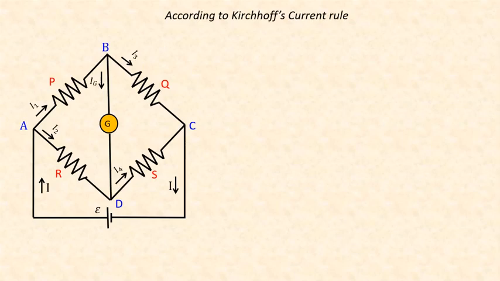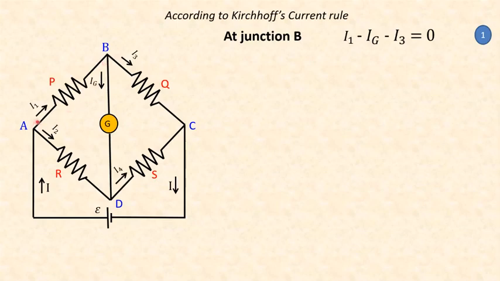According to Kirchhoff's current rule, at junction B, the current entering the junction is I1, and the currents going out of the junction are Ig and I3. The current entering is taken as positive and the current leaving is taken as negative.